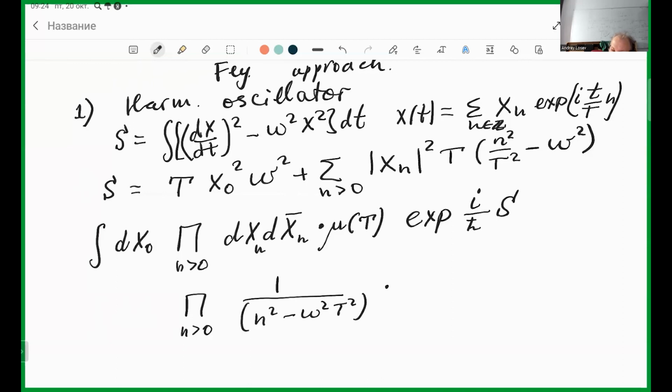And here I'll have something like, I'm sorry, I think I need to change my camera so you can see me. Mu of t and here I have t to some power. Yes?